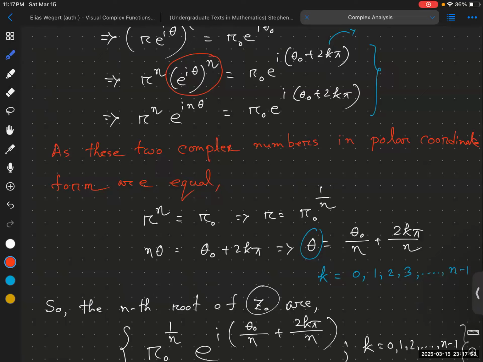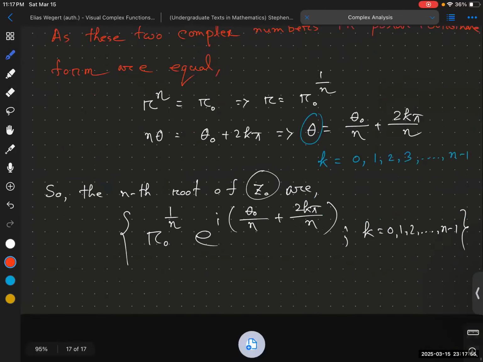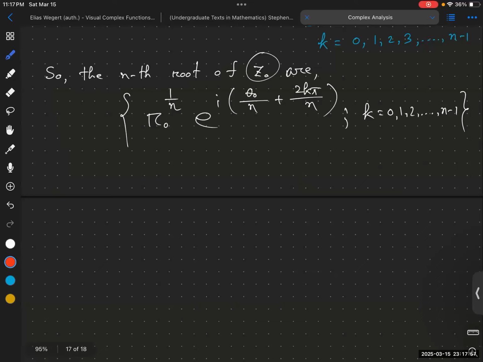But what if z0 is basically 1? This is called the root of unity. If z0 is equal to 1, then it is called the nth root of unity.